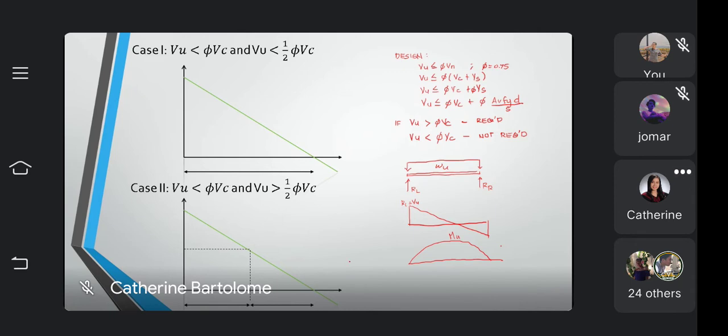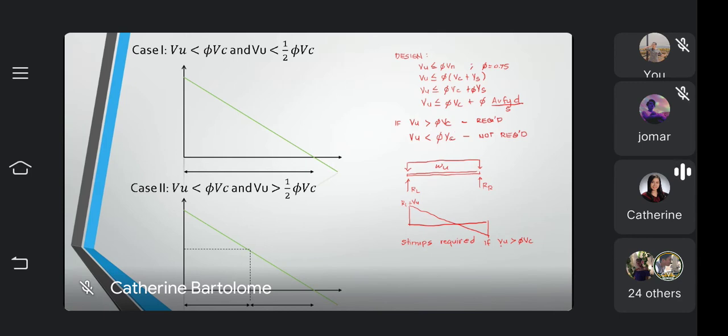Okay, so yun na. Okay, so let's continue. I-delete ko na itong moment. So, for the stirrups required, if VU is greater than VC, the stirrups are required.